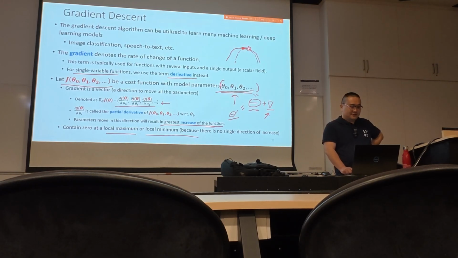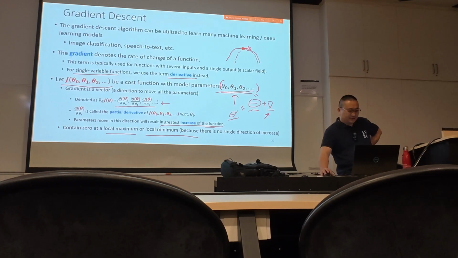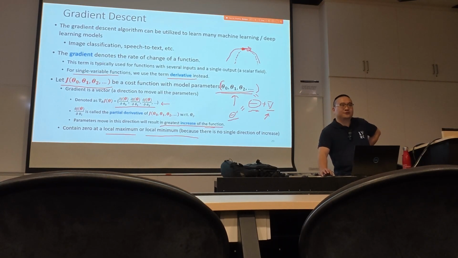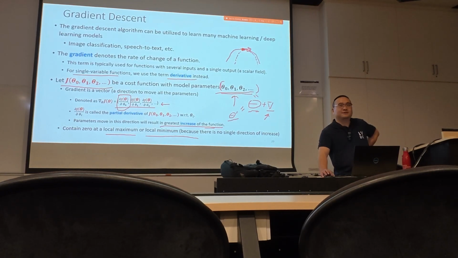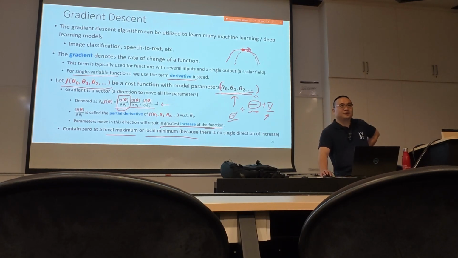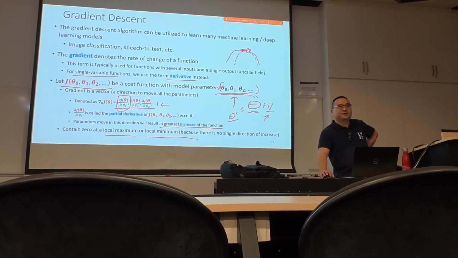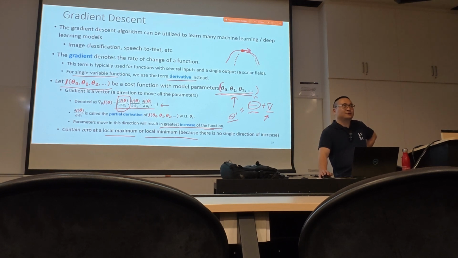In this subject, you don't need to calculate the gradient by yourself. If you are worried that you don't know how to calculate the partial derivative, do not worry, because in this subject we will use PyTorch to calculate the gradient. PyTorch will generate the values for you, and what you do is that, given the gradients, you know how to use them. For example, you use the gradient to train your model, or use the gradient to attack the model.